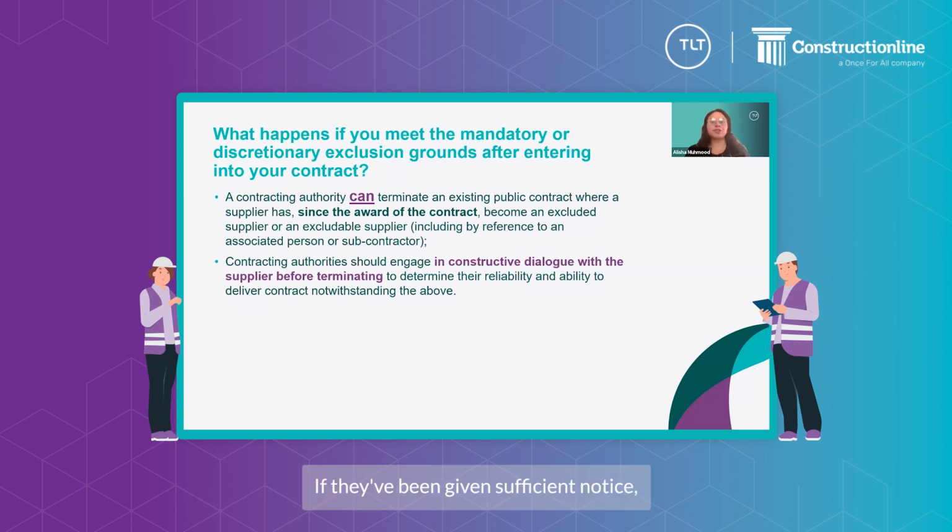If they've been given sufficient notice, it may become easier for them to find a solution that suits both parties. And as we've said here, it's really important to engage in constructive dialogue with the authority, as this is going to be the point at which perhaps the parties can decide a solution to help them move forward.